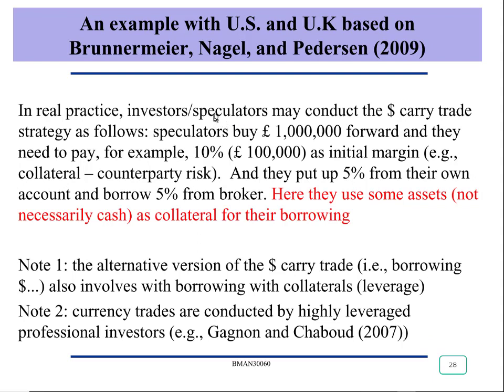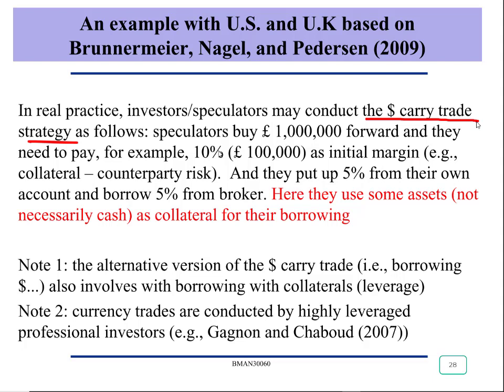In real practice, when speculators implement a dollar carry trade strategy, in the ideal case you don't need any money today. You just make a promise today. After one period, you buy a certain amount of high interest rate currency using a forward contract.